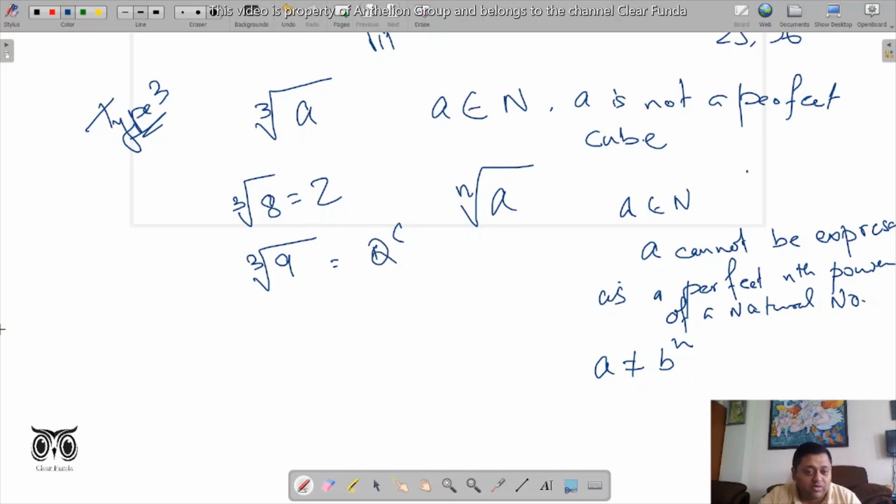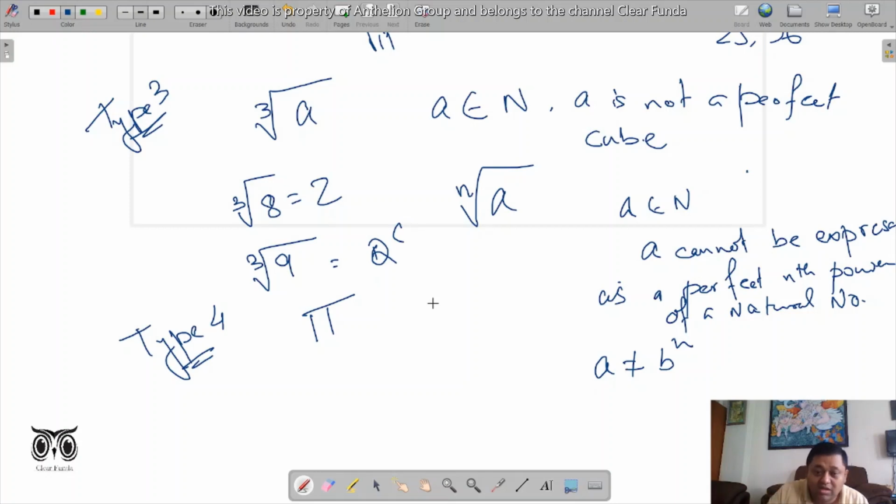Similarly, now we go to type 4. Type 4 will be like pi. Pi is again an irrational number. There are a few things, but pi we will study extensively. Pi is a very unique number.